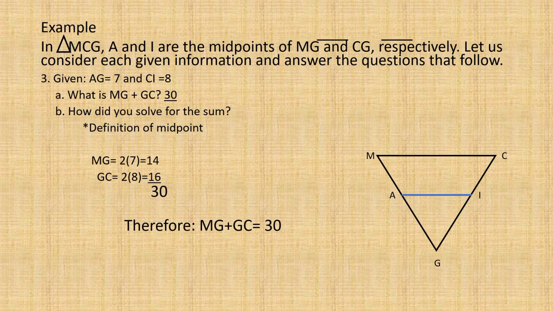So 2 times 7 is equal to 14 because A is the midpoint. And GC is equal to twice the length of CI because I is the midpoint. So 2 times 8 is equal to 16. So MG is 14 and GC is 16. To sum up, the sum is 30. So therefore, the sum of side MG and side GC is 30. That is by definition of midpoint.